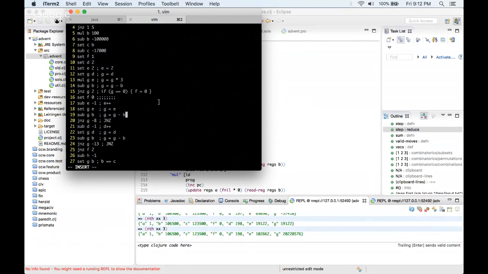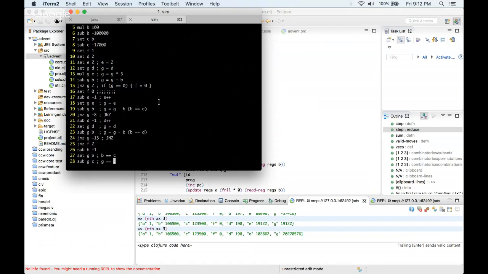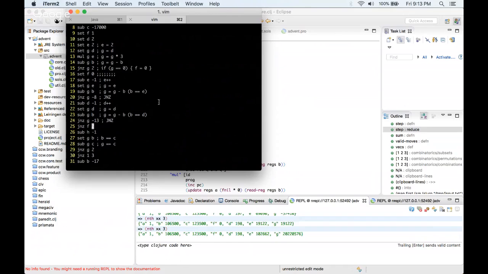So in this case, this is sort of saying B is equal to E. This is saying B is equal to D. And then this is saying B is equal to C. Interesting.